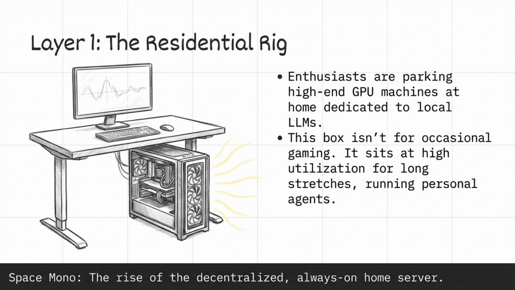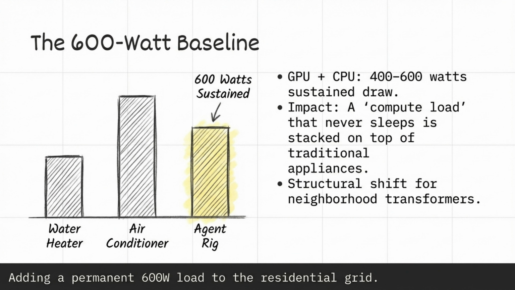Let's start with layer 1, power use at home. More and more enthusiasts and developers are parking a high-end GPU machine at home, dedicated to running local large language models and personal agents. That box isn't just for the occasional game anymore. It's sitting at high utilization for long stretches of time. A high-end consumer GPU can easily draw a few hundred watts under load.